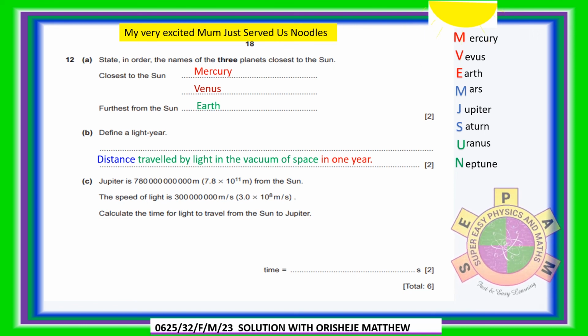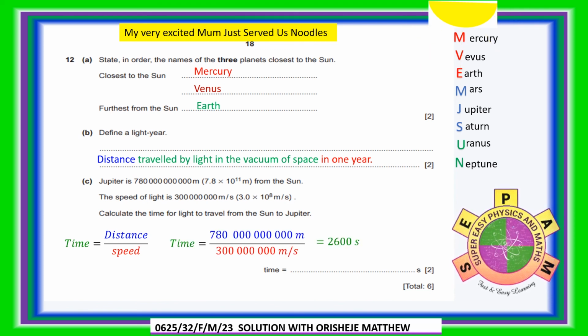Now the speed of light is 300 million meters per second. Calculate the time taken for light to travel from the sun to Jupiter. So we have, time is equal to distance divided by speed. So you can do that, which is simple, 2,600 seconds.